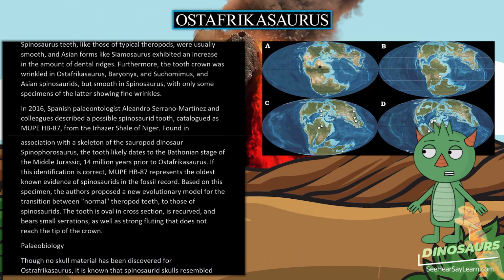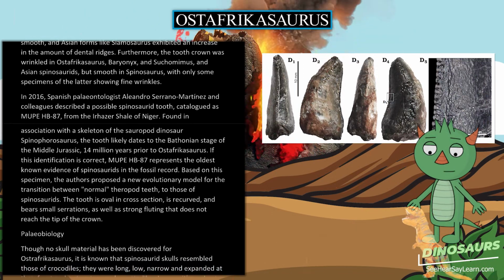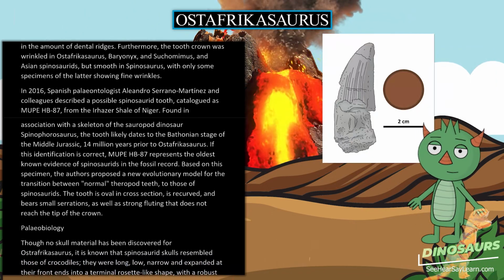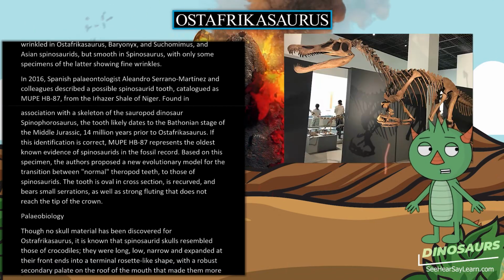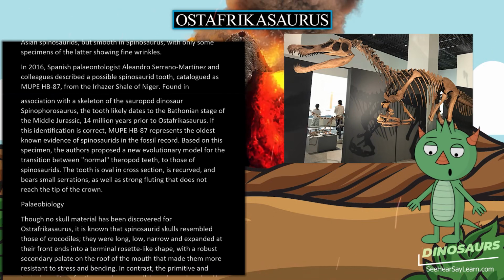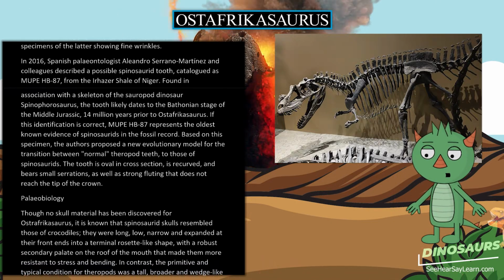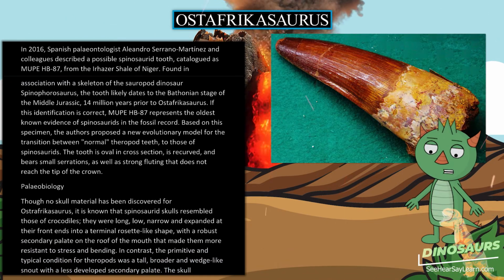If this identification is correct, MUPHB87 represents the oldest known evidence of spinosaurids in the fossil record. Based on this specimen, the authors proposed a new evolutionary model for the transition between normal theropod teeth to those of spinosaurids. The tooth is oval in cross-section, is recurved, and bears small serrations, as well as strong fluting that does not reach the tip of the crown.